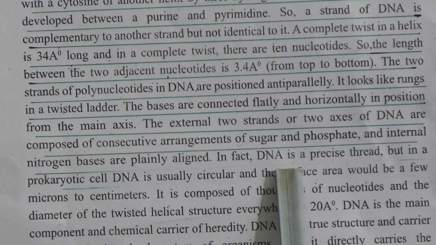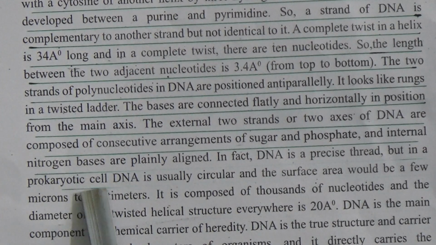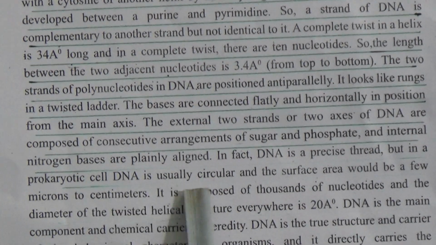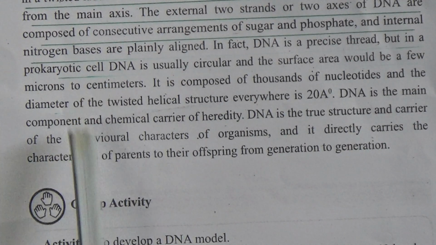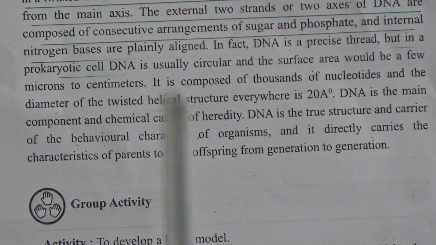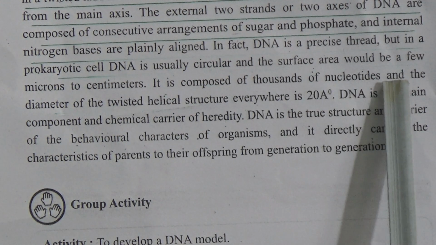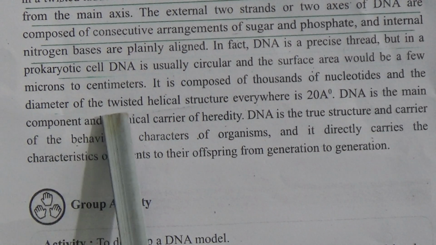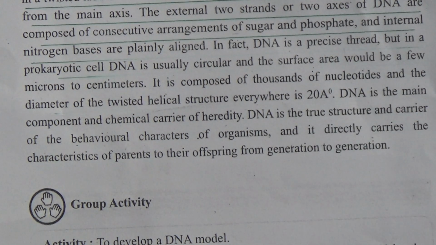In fact, DNA is a precious thread, but in a prokaryotic cell, DNA is usually circular and the surface area would be a few microns to centimeters. It is composed of thousands of nucleotides and the diameter of the twisted helical structure everywhere is 20 angstrom.